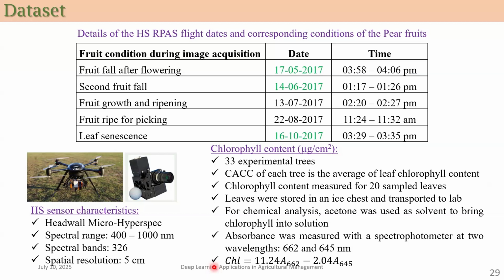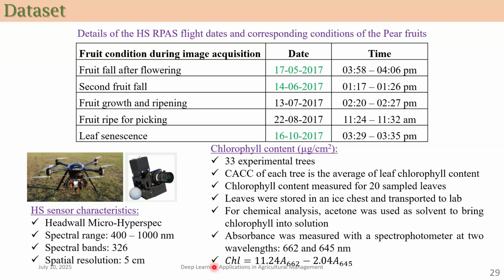It has a spectral range of 400 to 1000 nanometers, and it has about 326 spectral bands, and the spatial resolution is 5 centimeters. Okay, that means maybe almost for every leaf we can get the information. And then we try to do this. This is a drone, so we can decide whenever we want to fly it.